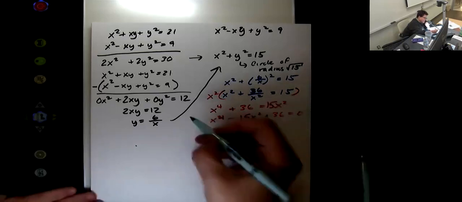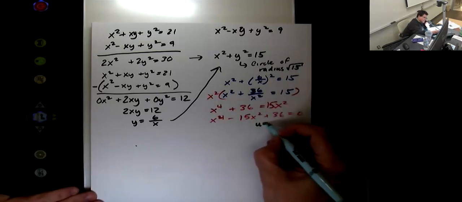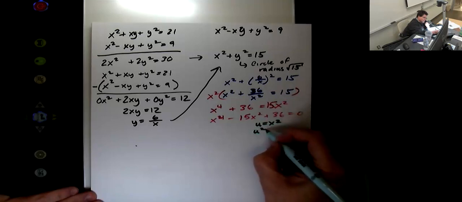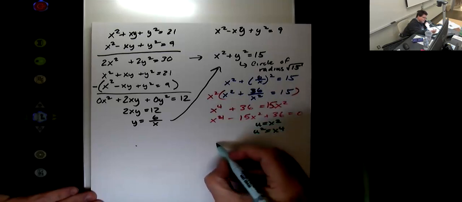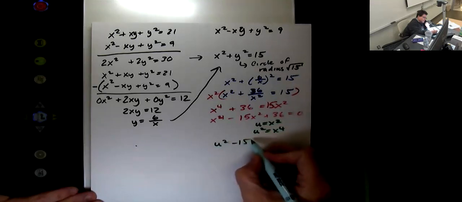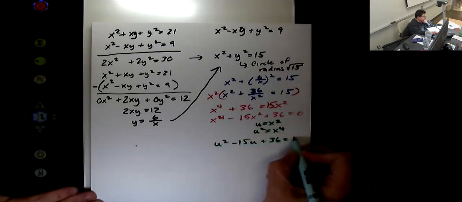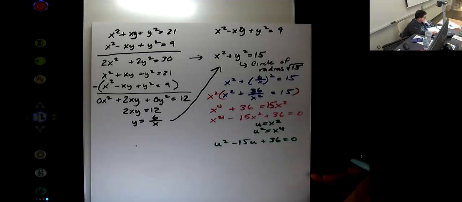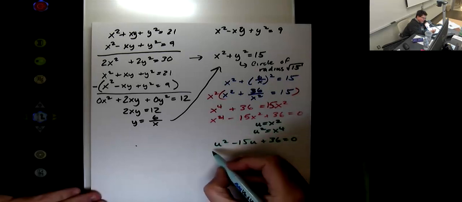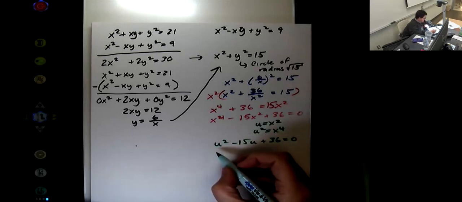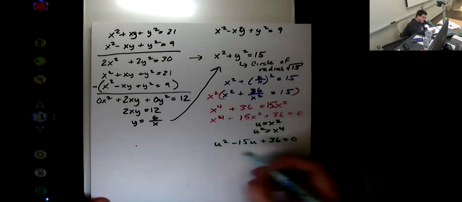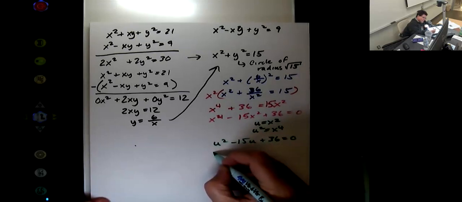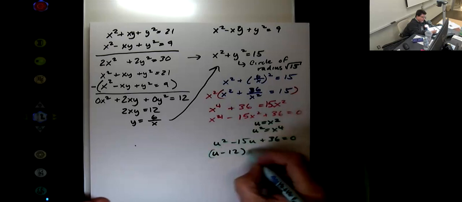I could say u equals x squared here. If I say u equals x squared, then u squared is x to the fourth. And this turns into u squared minus 15u plus 36 equals 0. This factors into u minus 12 times u minus 3.